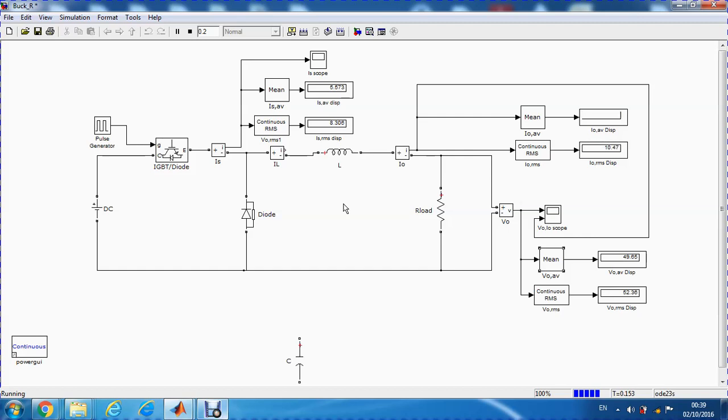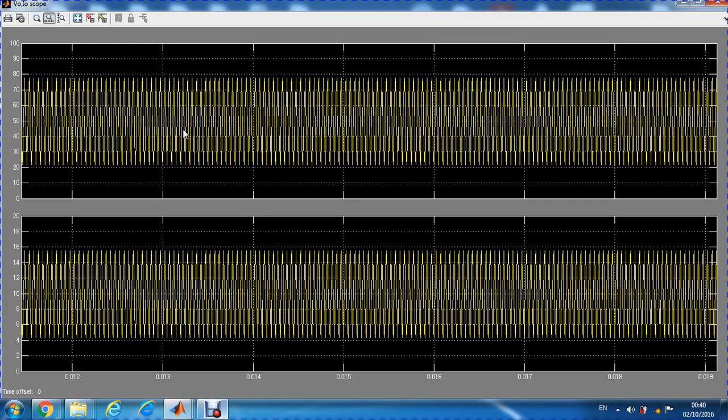I can minimize the ripple while having a very low or considerable value of inductor rather than just increasing the value of inductor. And this will make my circuit smaller, and I think maybe this is going to be a better way of solution. Let's have a look and see.